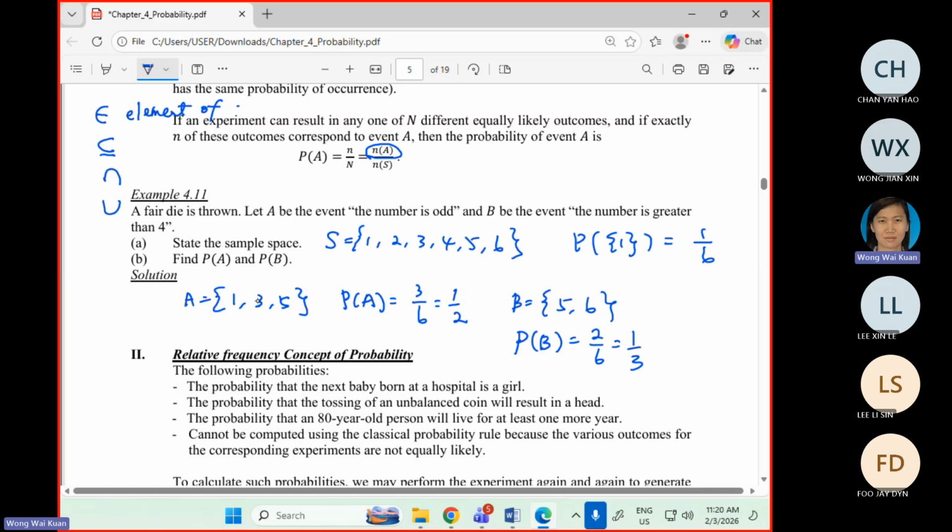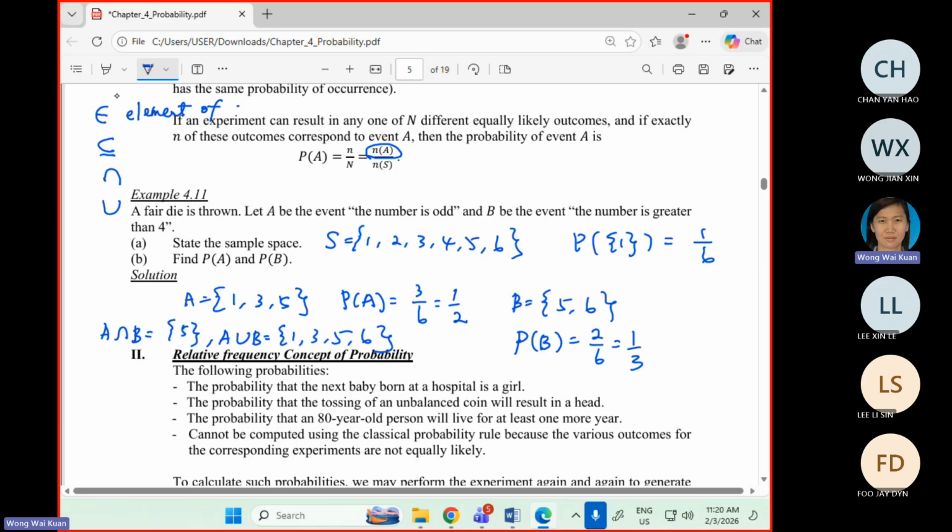So now, since this is not related, I just want to know what is A intersect B? 5 alone, this is a set. 5 alone, that's the meaning of ∩. It is in A and in B. So what is A union B? 1, 3, 5, 6, because this is in A or in B, also included.